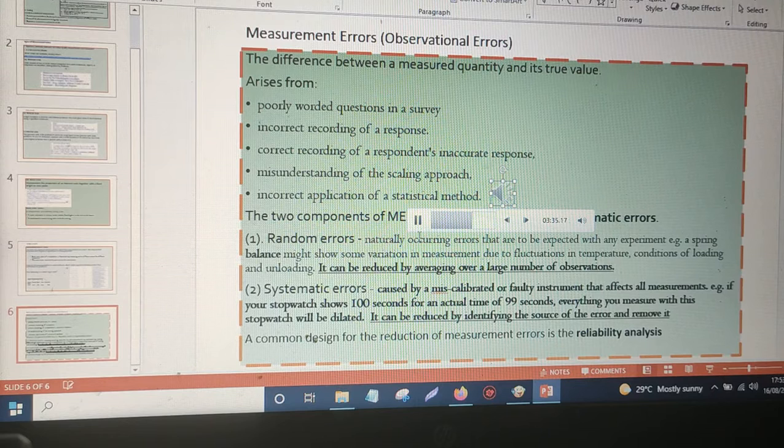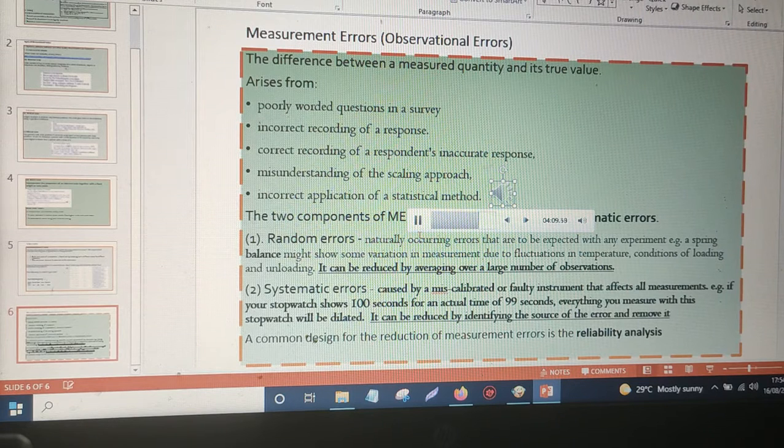You can reduce this kind of error by averaging over a large number of observations. So the best way to reduce this kind of error is to make your observations, or your sample size, very large, so that the errors can ease out. It's a naturally occurring error, not due to any fault of yours, but because of errors inherent due to weather conditions or other conditions beyond your control.